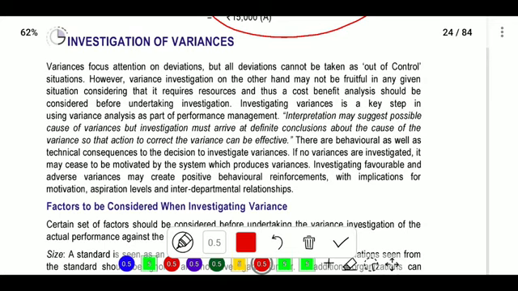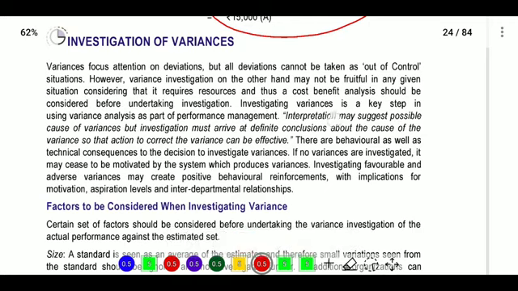They have many reasons for variance. But in case of investigation, we come to a definite conclusion, that is, you will tell the correct reason. Due to heavy rain, due to COVID, only if you investigate will we get the definite reason.